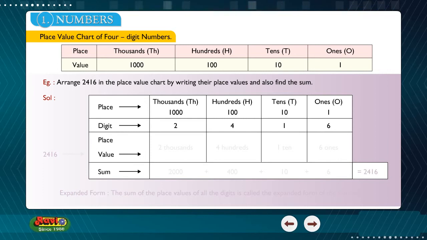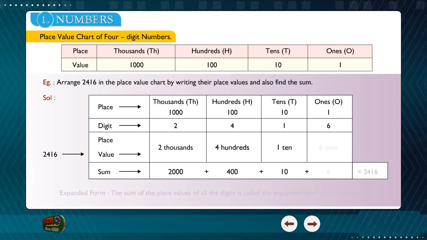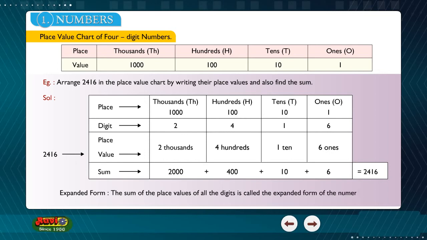Place value sum: 2000 plus 400 plus 10 plus 6 ones is equal to 2416. Expanded form: the sum of the place values of all the digits is called the expanded form of the numeral.